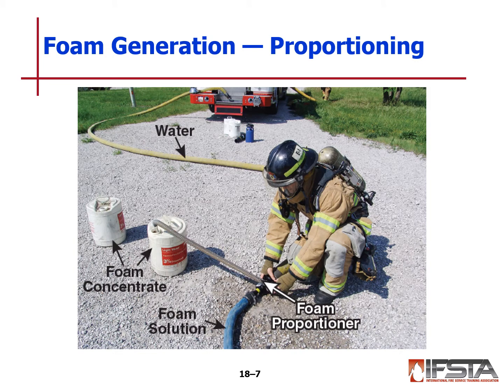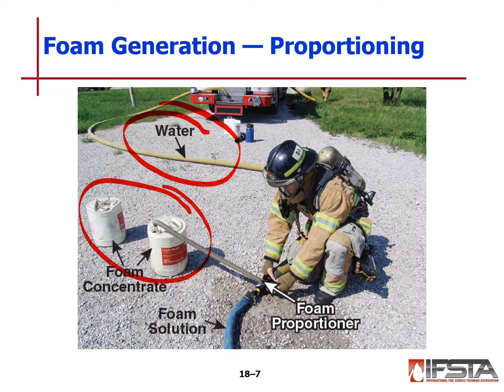In order to generate foam, we have to have a few things. We need water, which we're going to get from a water source and through our hose line. We need the foam material in concentrate, and for most cases it's in liquid form. And then we need a proportioner.